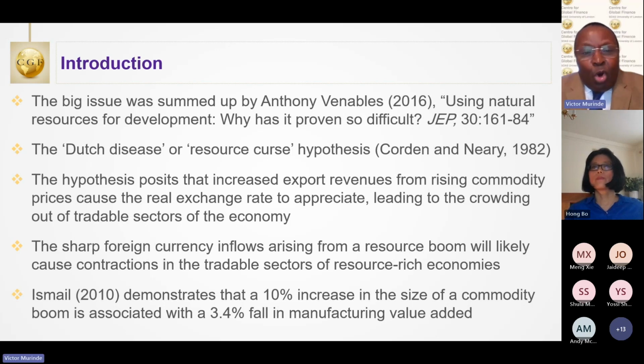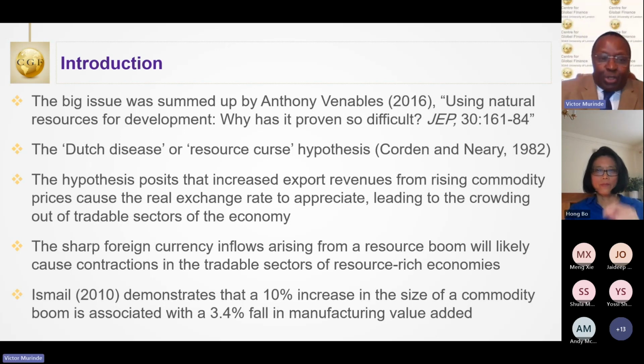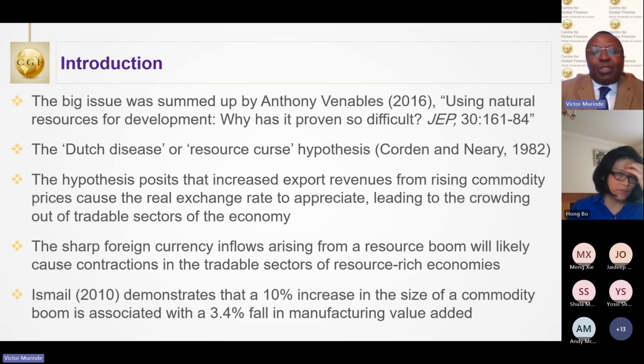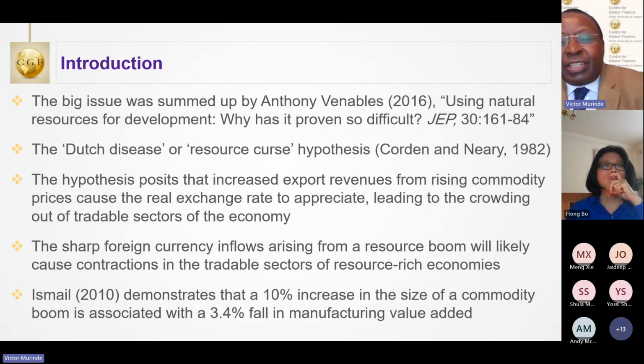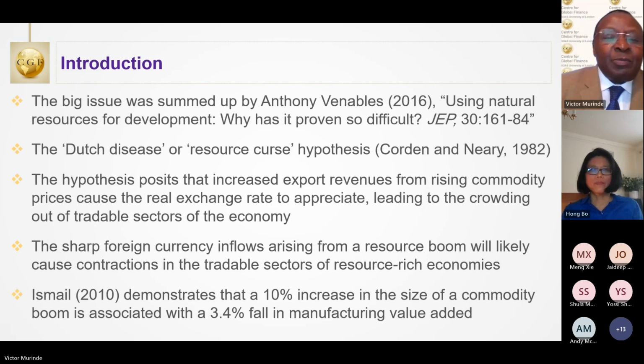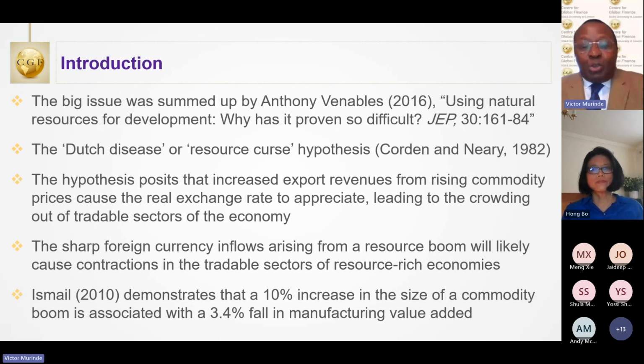But I think the most succinct way of summarizing the issue comes in the title of Anthony Venables' paper in the Journal of Economic Perspectives in 2016: Using Natural Resources for Development: Why Has It Proven So Difficult?